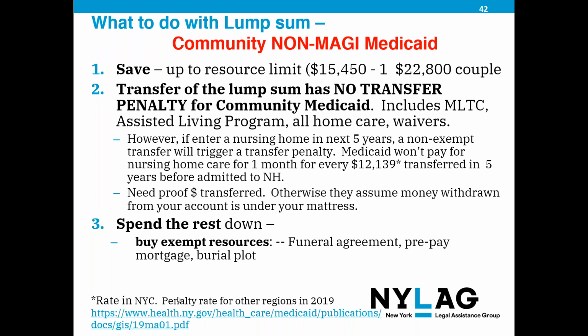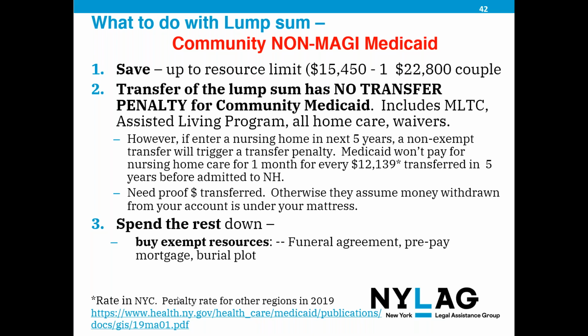Now, in the community, there's no transfer penalty, right? So you can transfer that 25,000 or 250,000 or even 5 million in theory, although we wouldn't advise it, and apply for Medicaid the next month. Now, if you're already on Medicaid and you're doing this, you need proof that the money was transferred. This is just a very common question.